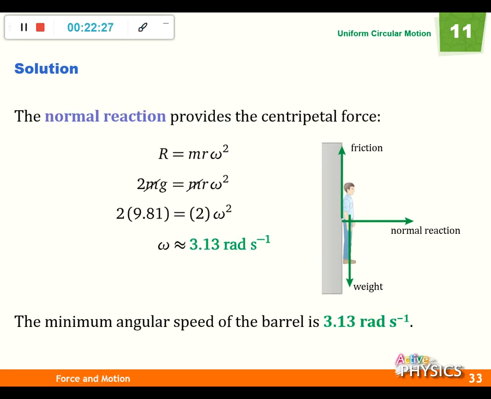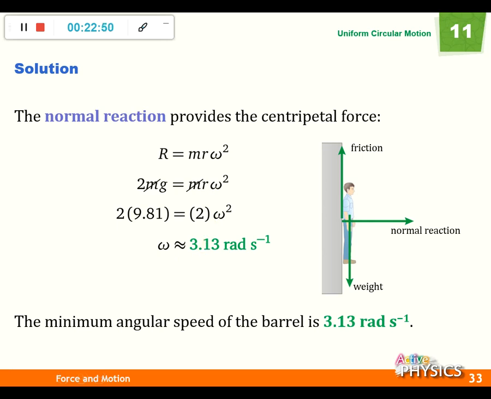But what is the function of this normal reaction? It should be the centripetal force. Once again, the normal reaction in this case is the source of the centripetal force. Then we can apply the centripetal force equation, m omega squared r, and substitute it. Then we can get this omega.